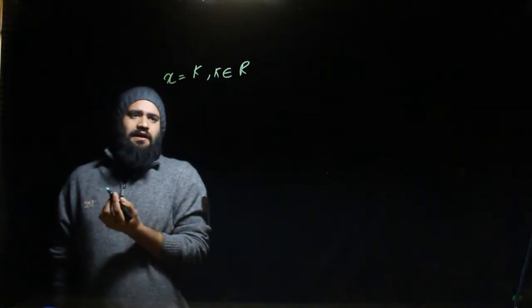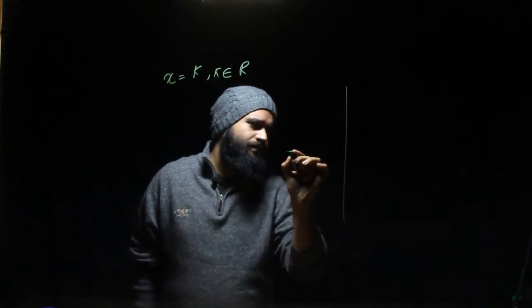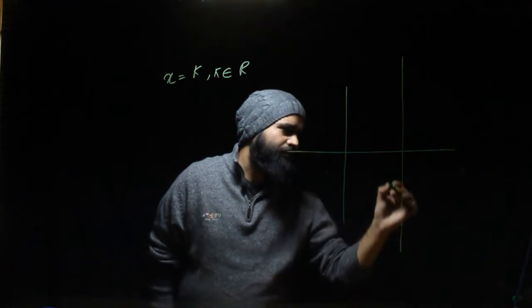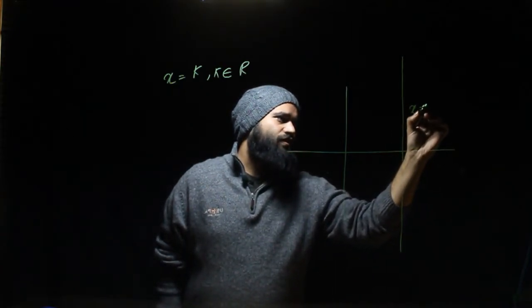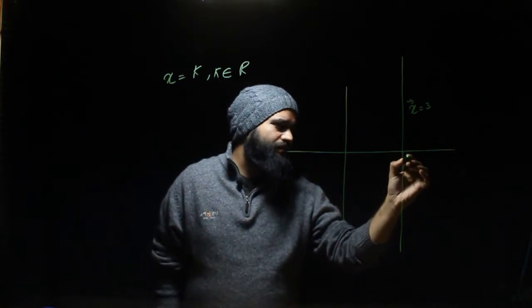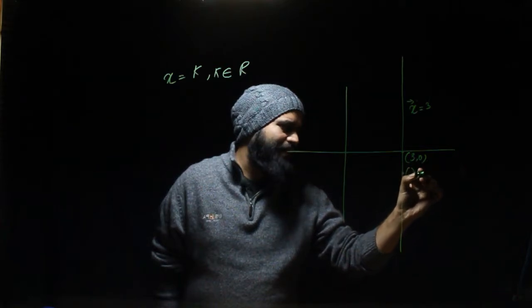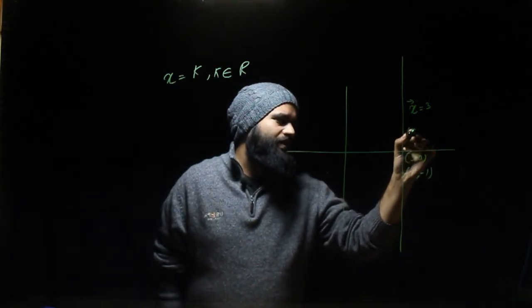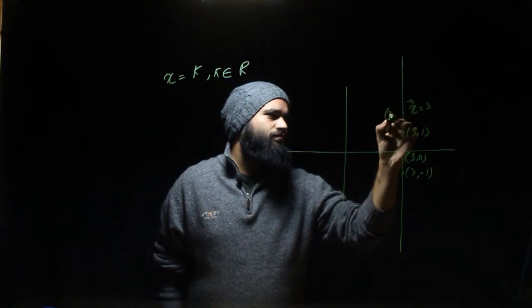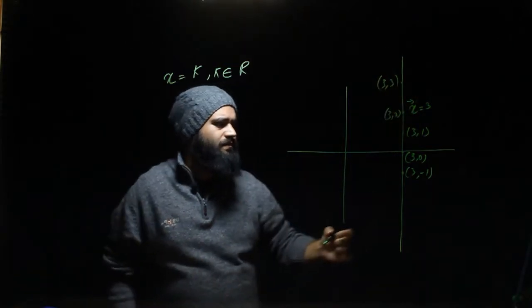So if we now make the graph of this, this is x is equal to 3 line. Here the coordinate is 3, 0. This must be 3, -1, 3, 1, 3, 2, 3, 3, and so on.